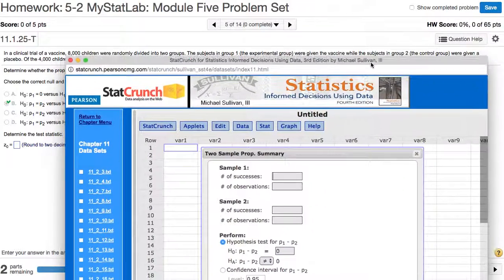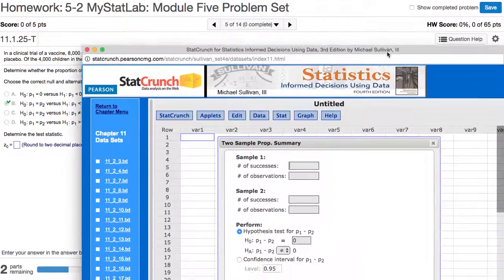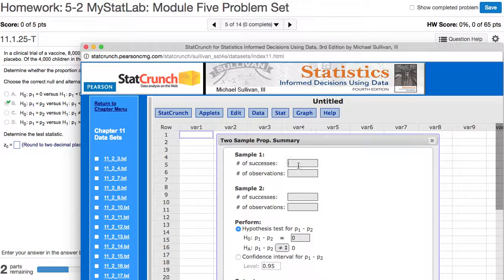And then, let's see, for the first group, it is 71. It's the number of successes out of 4,000. And then for group number 2, it's 116 contracted the disease out of 4,000.